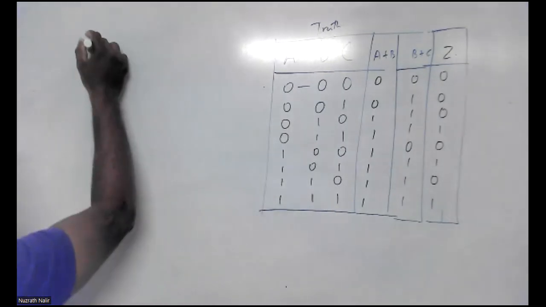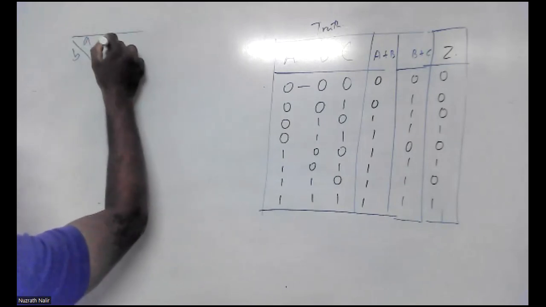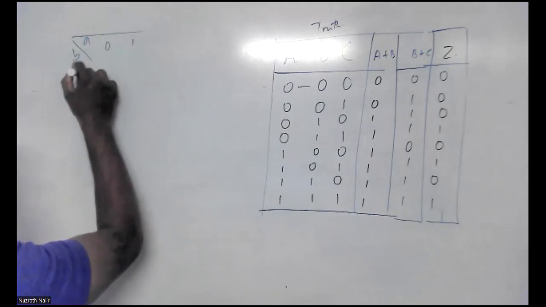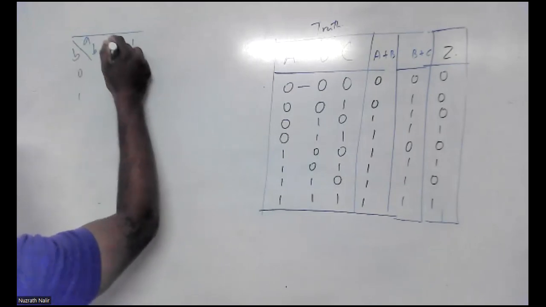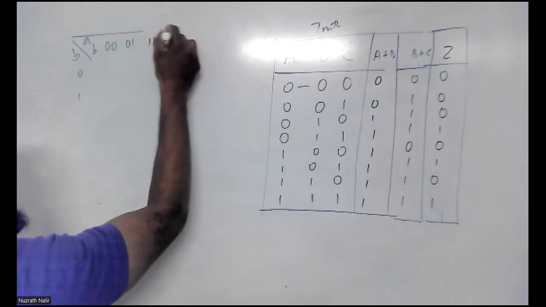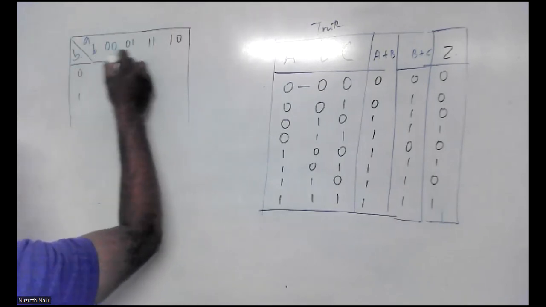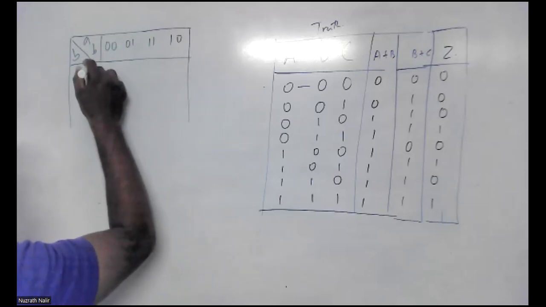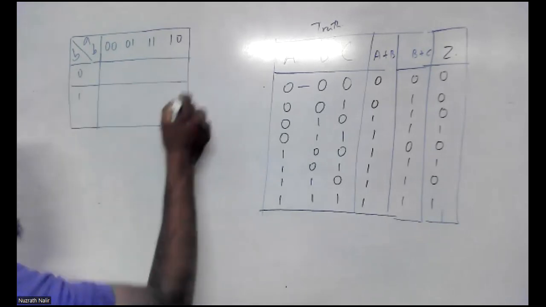For one input you have the combination 0, 1, and for B there are two combinations: 0, 0, 0, 1, 1, 1, 1, 0. So this is your Karnaugh diagram.